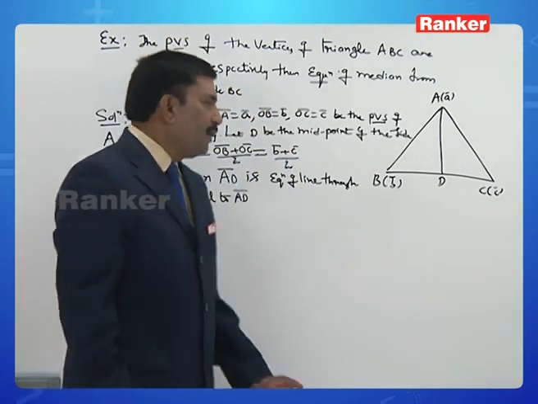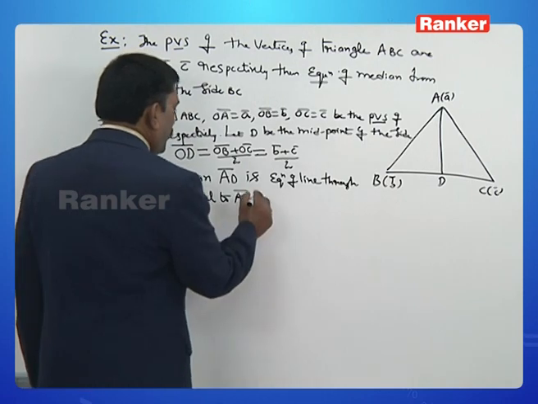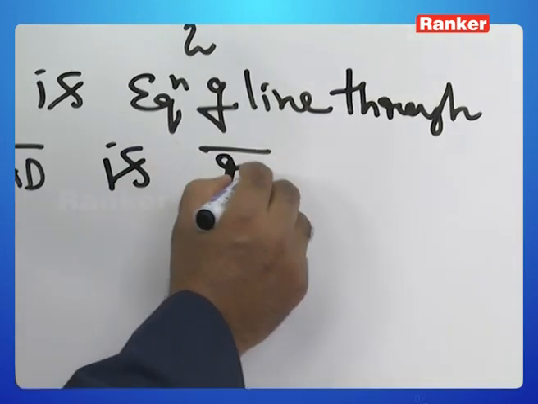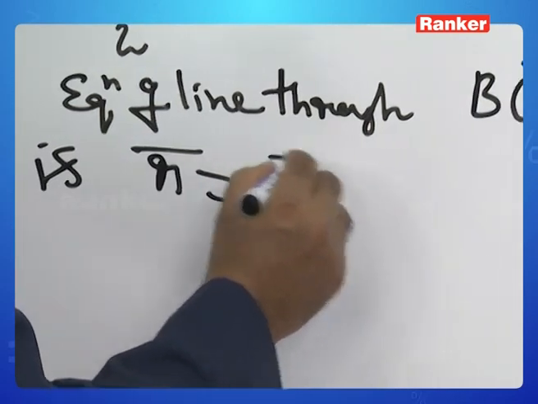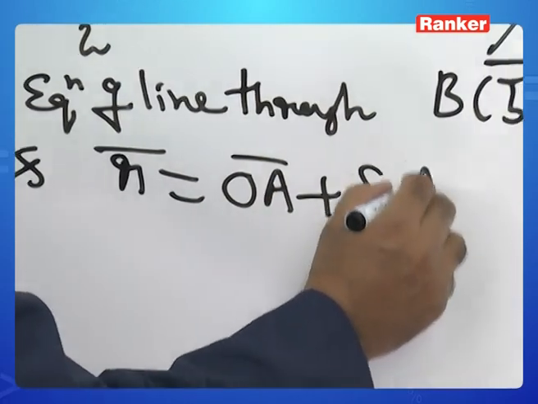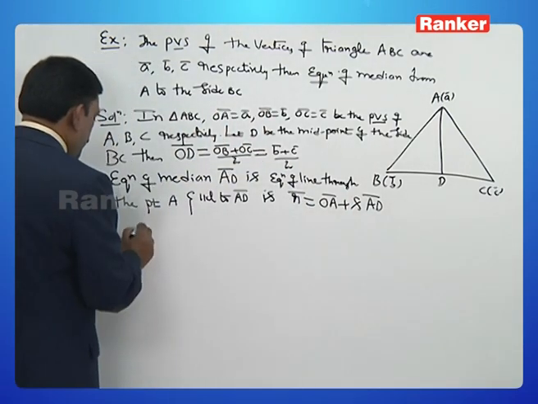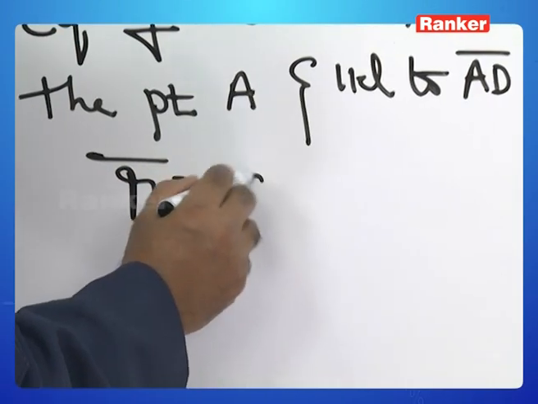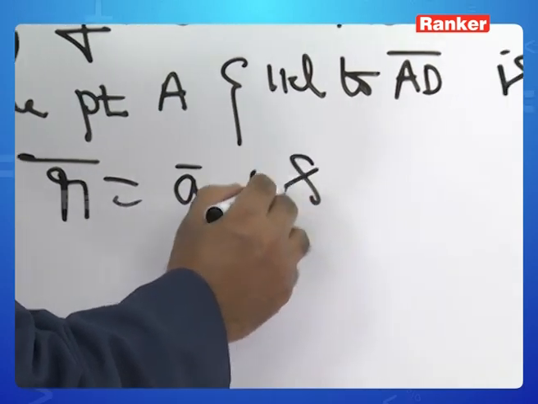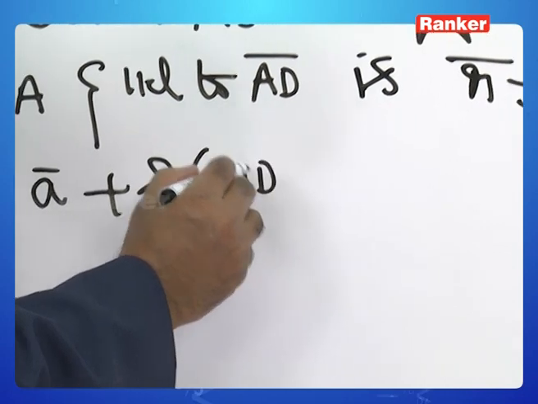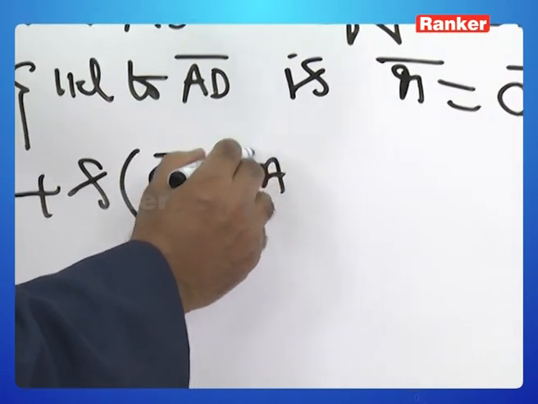So therefore, now I can write parallel to AD bar is given by R bar is equal to OA bar plus S into AD bar. I can write this as R bar is equal to A bar plus S into the vector AD bar, which is not given; it's OD minus OA.